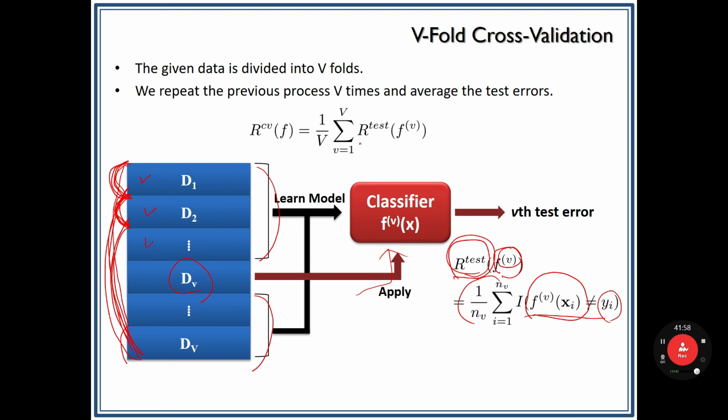By averaging those test errors, we can get the cross-validated error rate of a classification model, which is, for example, logistic regression, or decision tree that we're going to take a look at, or support vector machine.